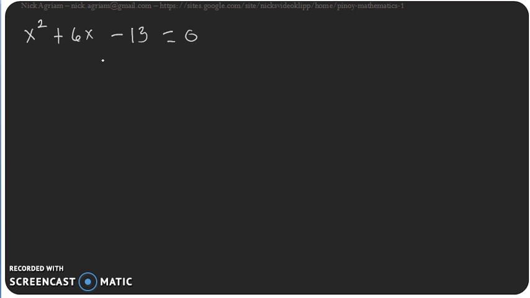Okay, and then I don't want the 13 there, so I will add 13 to both sides of the equation. Then I have x squared plus 6x, this is 0 now, is equal to 13.